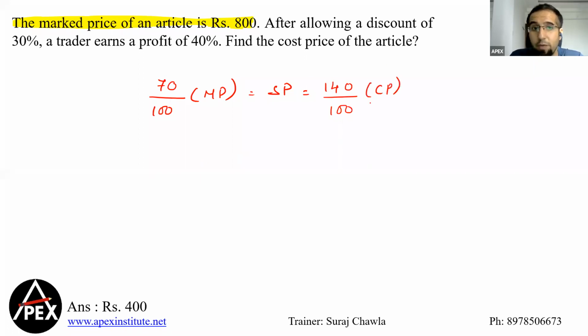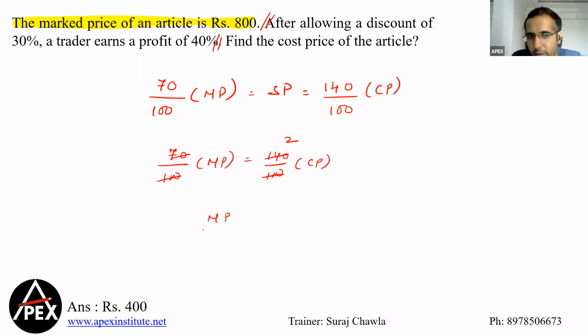Don't forget that. 70% of MP is equal to 140% of CP. So if only this part of the data is given to us, then we could have said that 70% of MP is equal to 140% of CP. So 100 gets cancelled, 7 ones are 7, 7 twos are 14. So I would have got MP by CP is equal to 2:1. What does MP by CP mean?